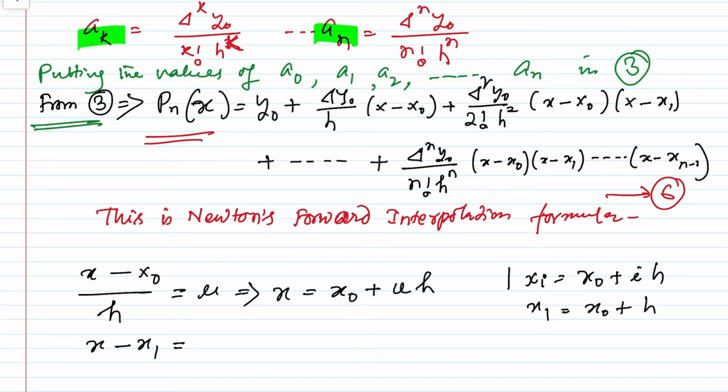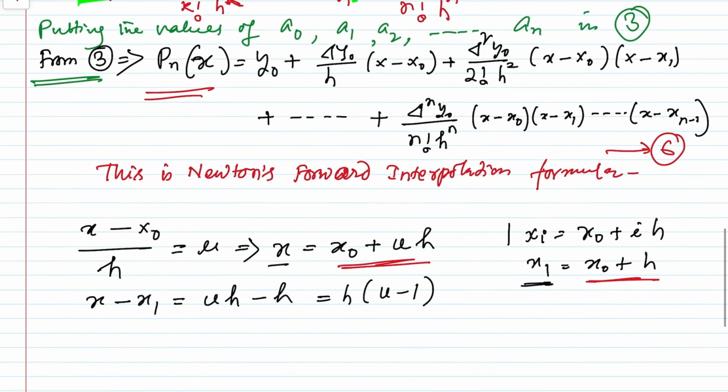So x1 is equal to x naught plus h. So if you subtract x1 from x, then you have to subtract this right hand part from the right hand part of these two. So then what you will get? u h minus h. So here h will be common, then you will get u minus 1.